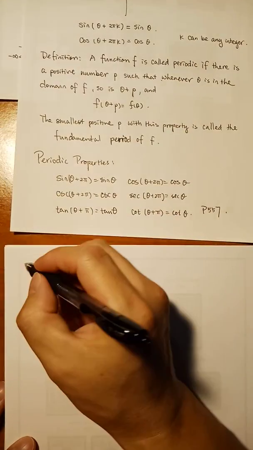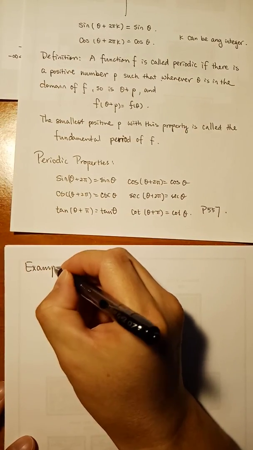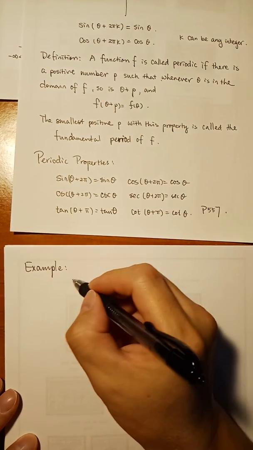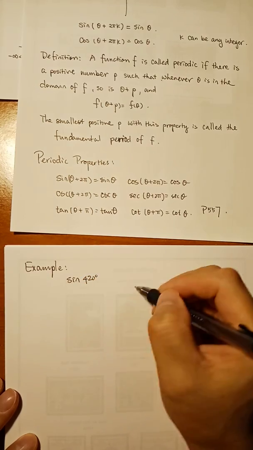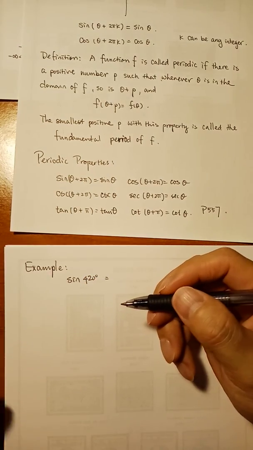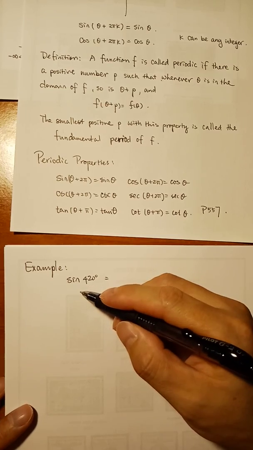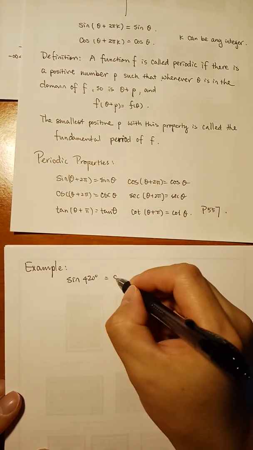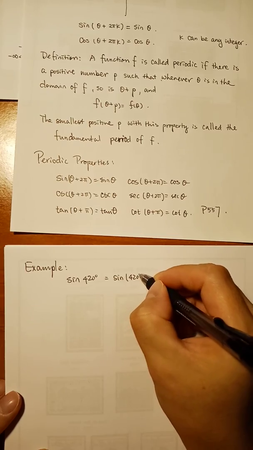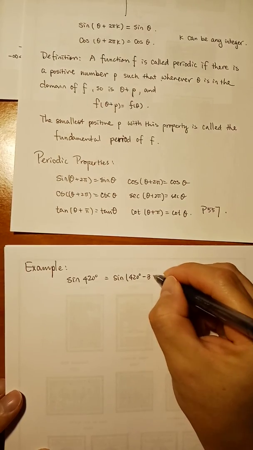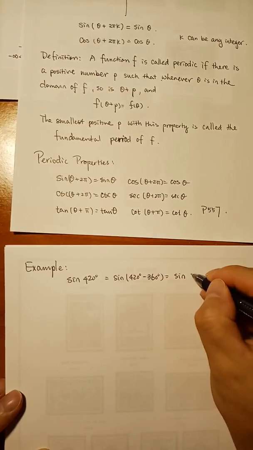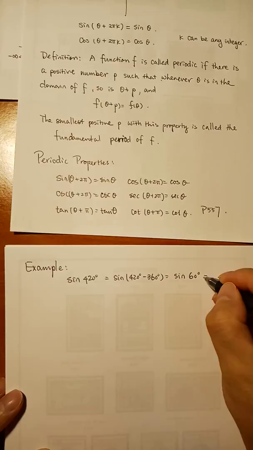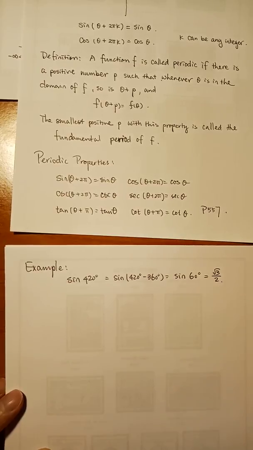For example, if we want to find the sine of 420 degrees, it's too big, so we just subtract 360 degrees, because it's exactly 2 pi. 420 minus 360 is 60. Sine 60 degrees is root 3 over 2.